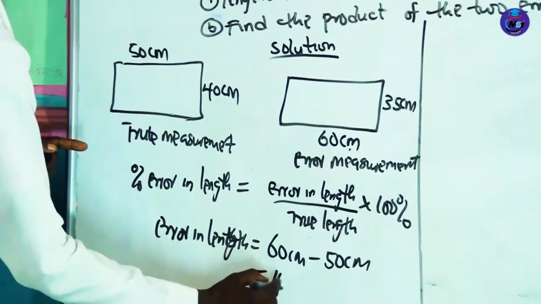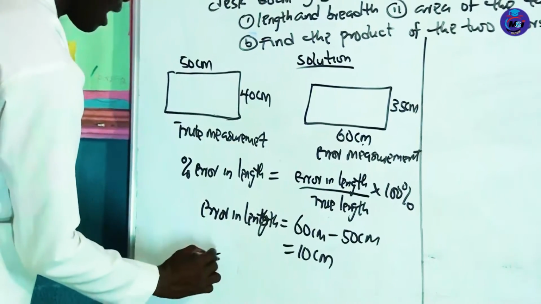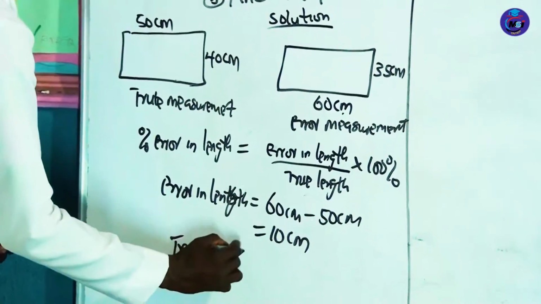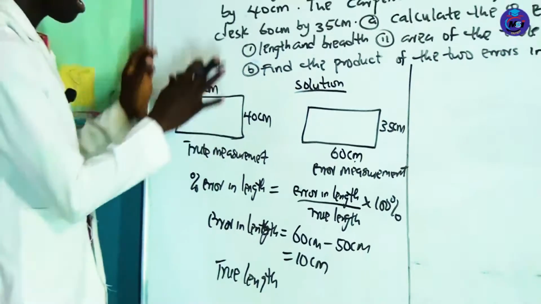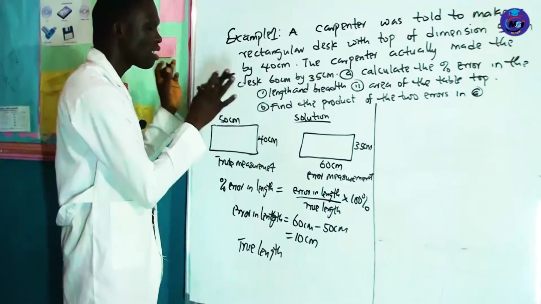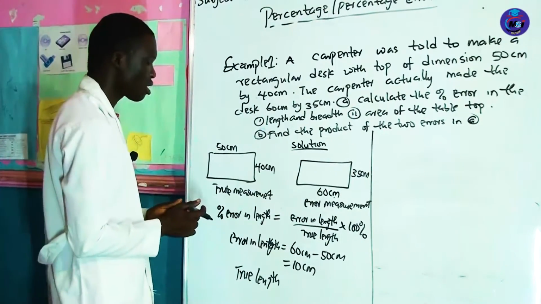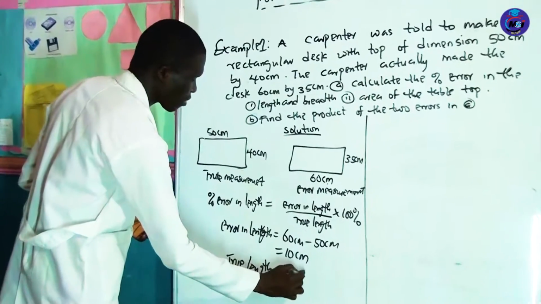So this will give us 10 centimeter. So what is the true length now? True length is 50 centimeter because this is the actual length given to this carpenter before making mistake of measuring 60 centimeter. So the true length will be 50 centimeter.